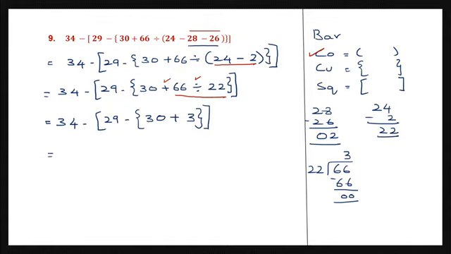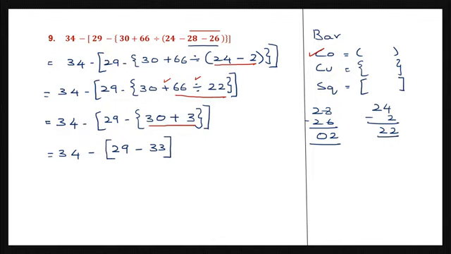And now what do we do? We're going to open the curly bracket by solving this inside. So that will be 34 minus square bracket 29 minus 30 plus 3 is 33. Close the square bracket. You don't have to put the curly bracket. So now we only have the square bracket left. So let's work out what is inside.